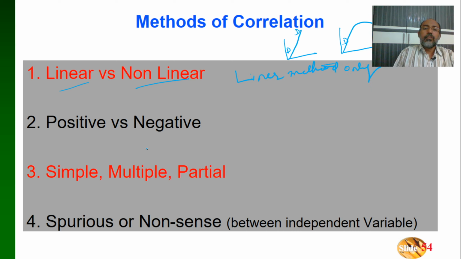Then what are the different kinds of correlations? Positive correlation and negative correlation.